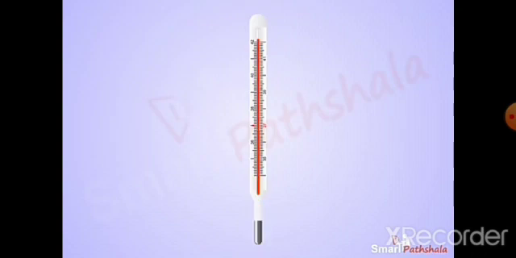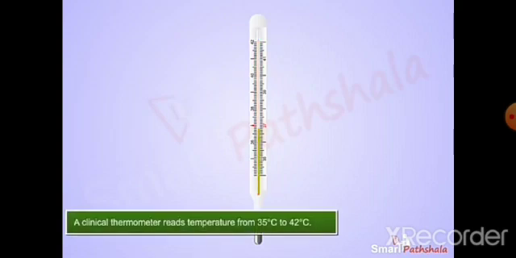A Celsius scale is also present on the thermometer. Celsius scale is used to measure the temperature in Celsius degrees. A clinical thermometer reads temperature from 35 degrees Celsius to 42 degrees Celsius.